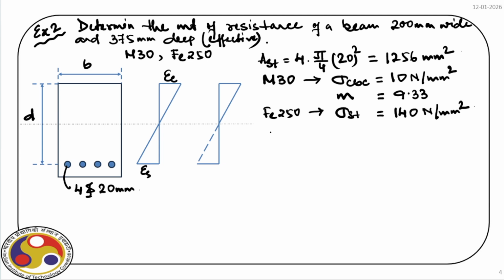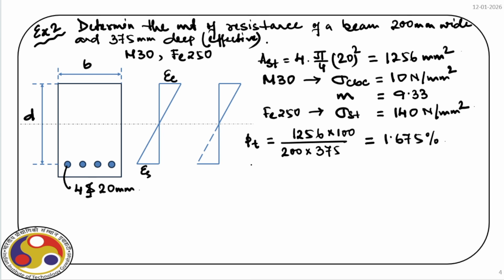So from this information, we can find out what is PT, percentage steel, and that is 1256 divided by, we have width 200 times depth 375, times 100. And if you solve this, you will get 1.675%.